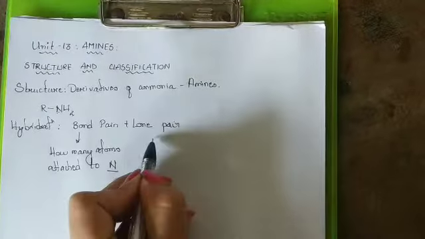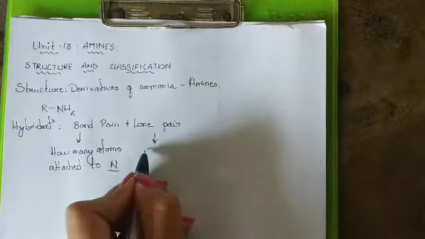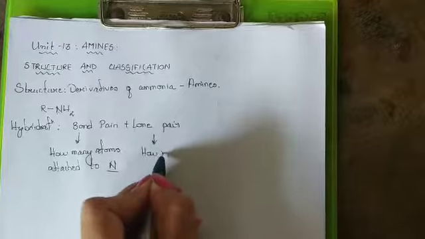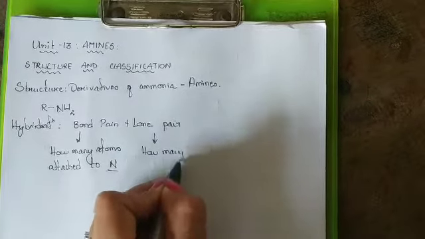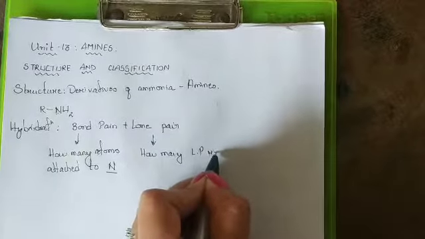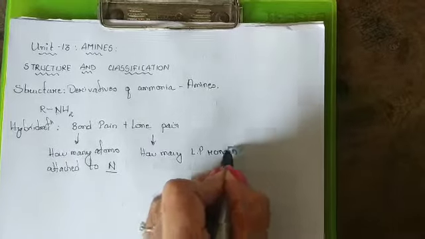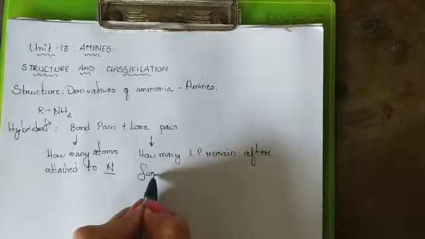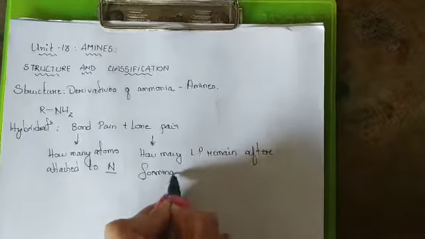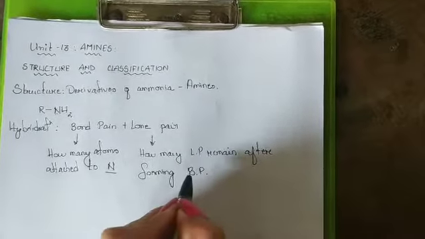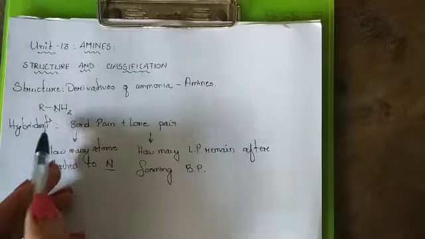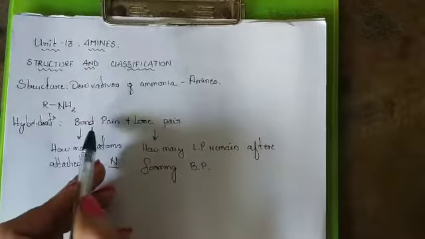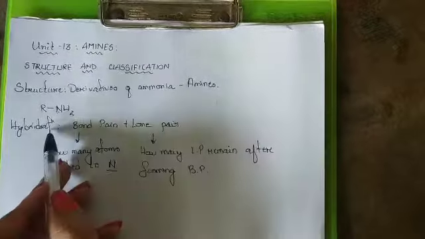And then lone pair is how many lone pairs remain after forming bond pairs. Now from the definition of hybridization, bond pair plus lone pair gives the hybridization.